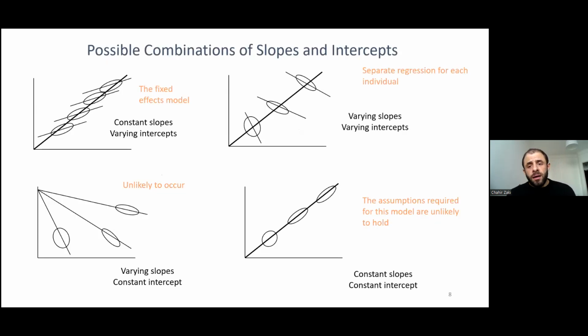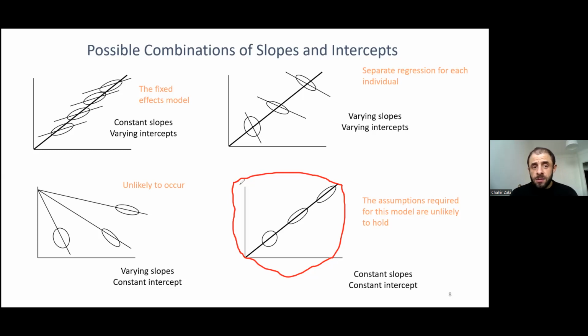And these graphs summarize the different possibilities that we do have. So in the first graph, which is this one, and this one is the most familiar to you, it's the case where we have the same slope and the same intercept for different individuals in the data set. Okay?